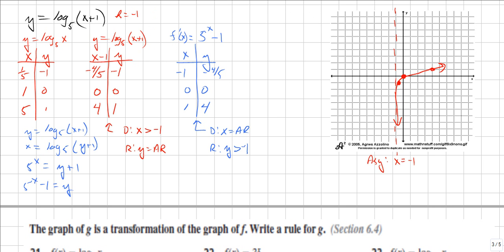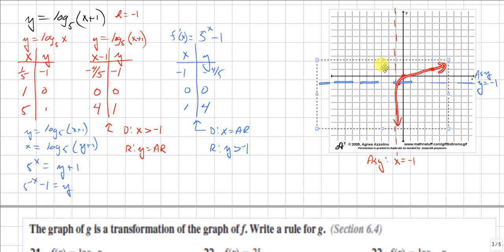The inverse we said was going to have an asymptote at y equals negative 1. And we have a point negative 1, negative 4/5, then we have 0, 0, and we have 1, 4.